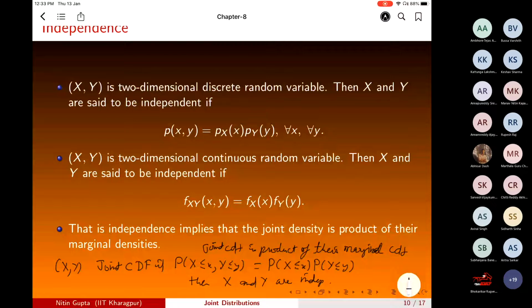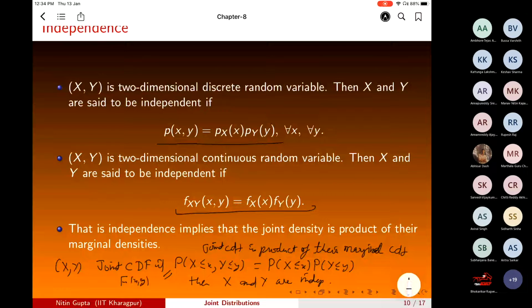Using that, you can easily find out by taking the double derivative that the joint probability density function is the product of their marginal density functions. Similarly, for the discrete case, the joint probability mass function is the product of their marginal probability mass functions.